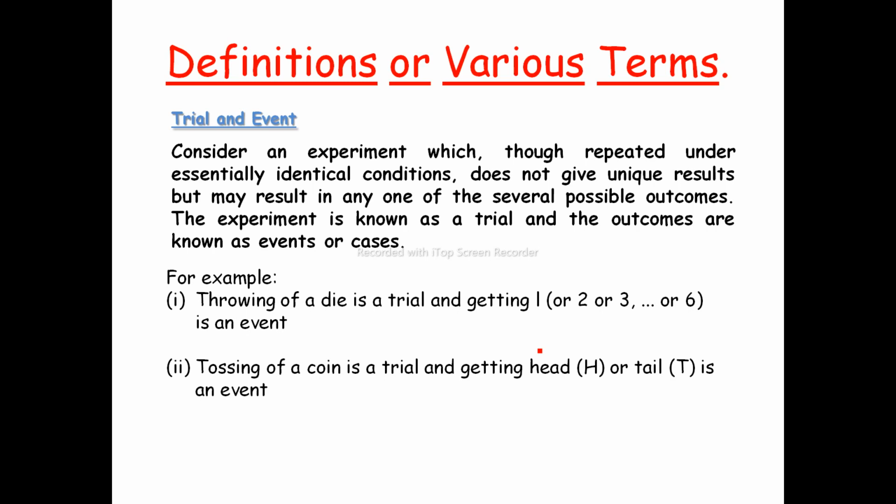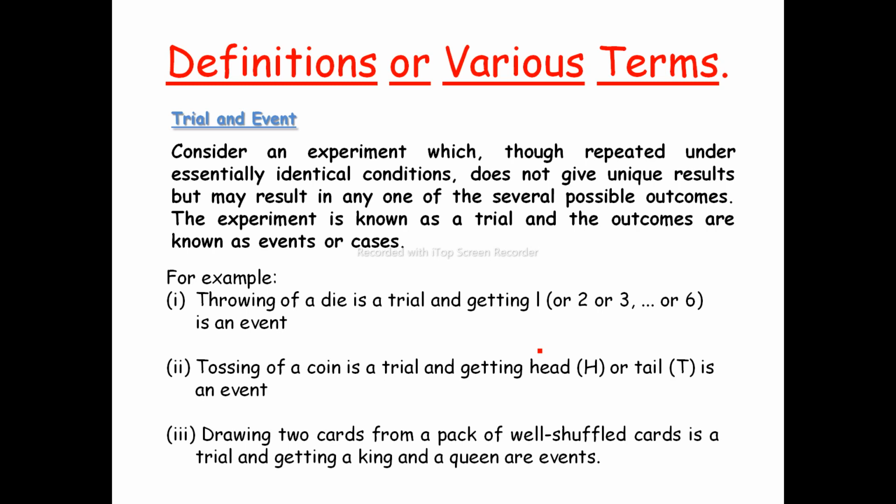Suppose you got head, that is an event. Suppose in place of head you got tail, that is also an event. Whatever outcome you got, that is an event. One more example: drawing two cards from a pack of well shuffled cards is a trial, and getting king or queen is an event.